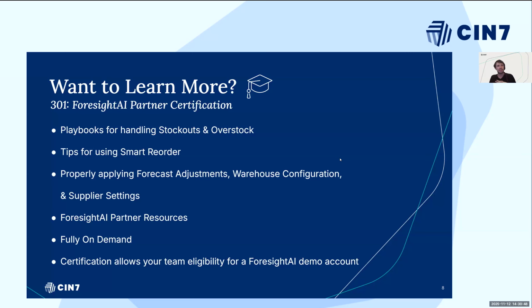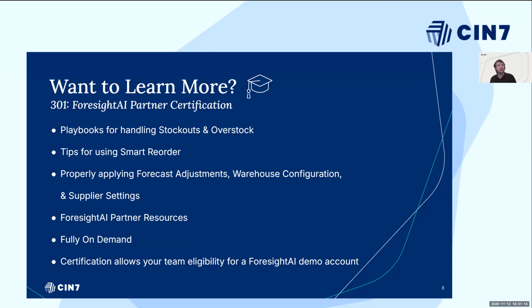So those are the main features I'm going to talk about today, or I'm going to tease, at least. But if you want to learn much more about Foresight AI, we have a 301 Foresight AI partner certification where you can get in-depth playbooks for handling stockouts and overstock, tips for using smart reorder, how to properly use forecast adjustments, and even more ways that you can set up warehouse configuration and supplier settings.